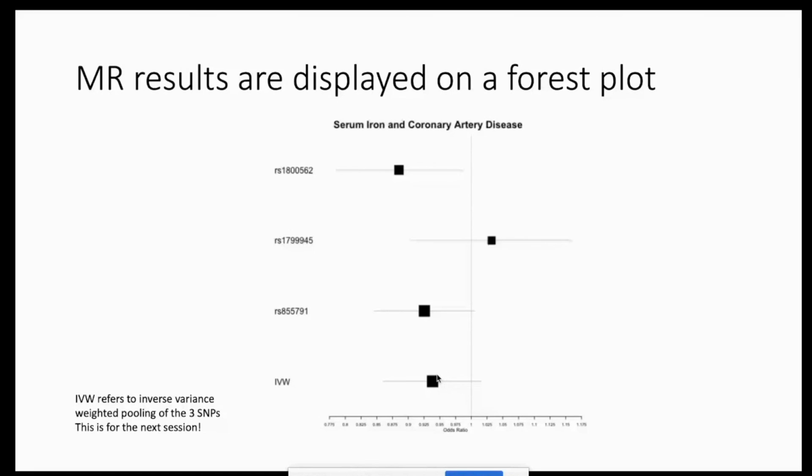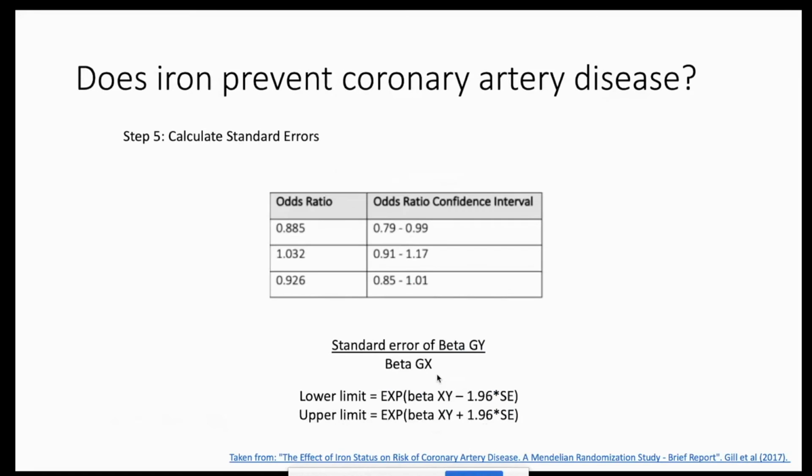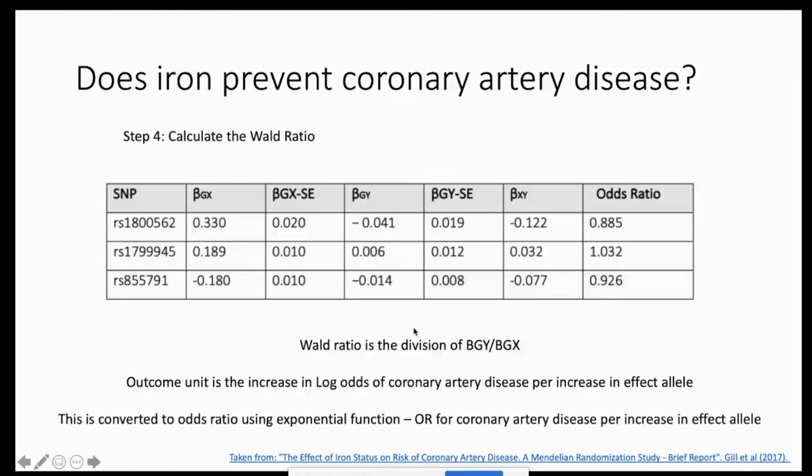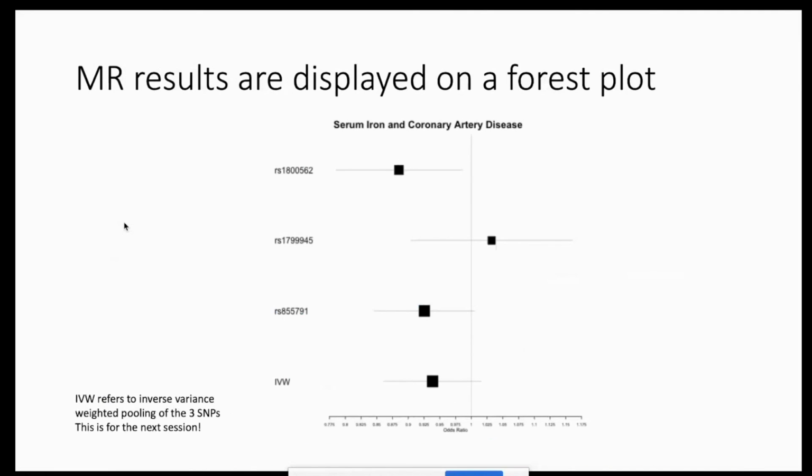However, that's for another session. At the moment, I just want to emphasize the actual calculation for how to get the MR causal estimate for a single variant. And then at another stage, we'll come back to how we merge the results of many different SNPs together to get a more accurate representation of the true effect of iron on coronary artery disease.